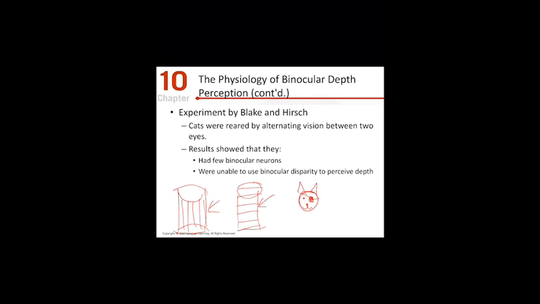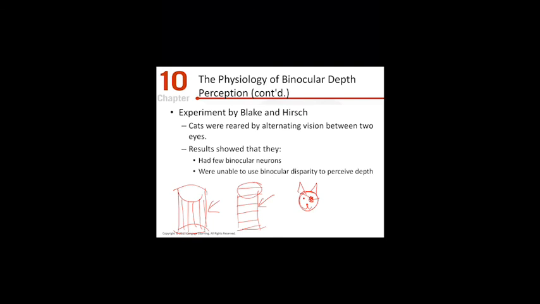And so that tells us that they eliminated the binocular neurons, they eliminated stereopsis, and so that means that binocular disparity results from selective neurons that are responsible for stereopsis. When you remove those neurons by, for example, selectively rearing cats who can only see from the left eye or from the right eye because you've patched the eye, that tells us that those particular neurons are responsible for that kind of vision.